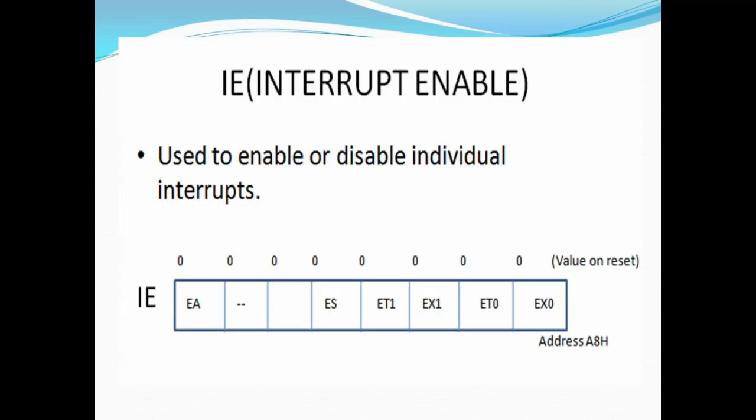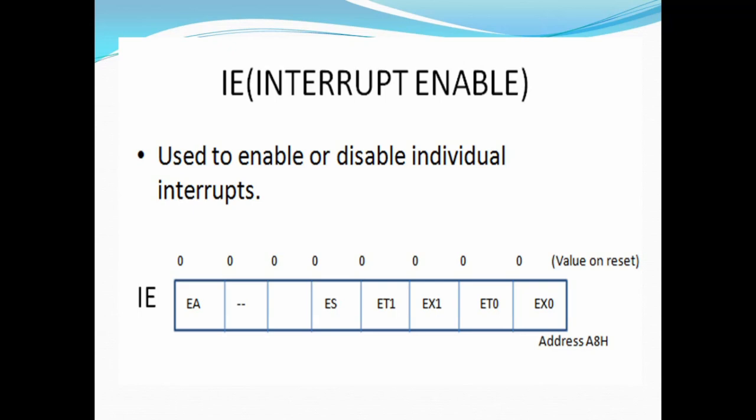Now whenever we toggle the port pin 3.2 or port pin 3.3, one more setting you have to do in the interrupt enable register. This is basically used to enable or disable the individual interrupt.